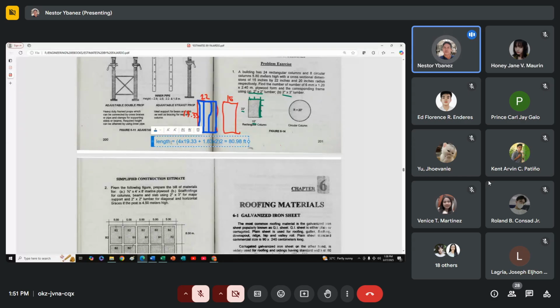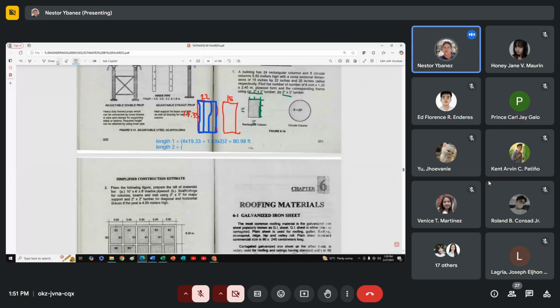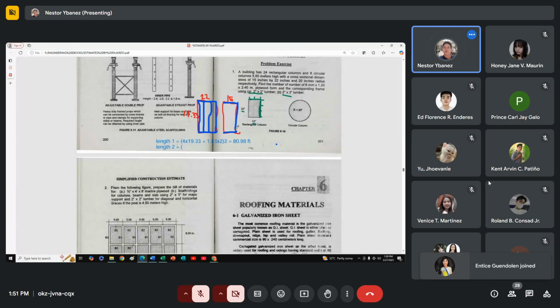This second one is length 1, the longer side, and the other length is the 15 inches. From the top view, it is 15 inches, 15 inches, 19.33 feet, and 3 of them.